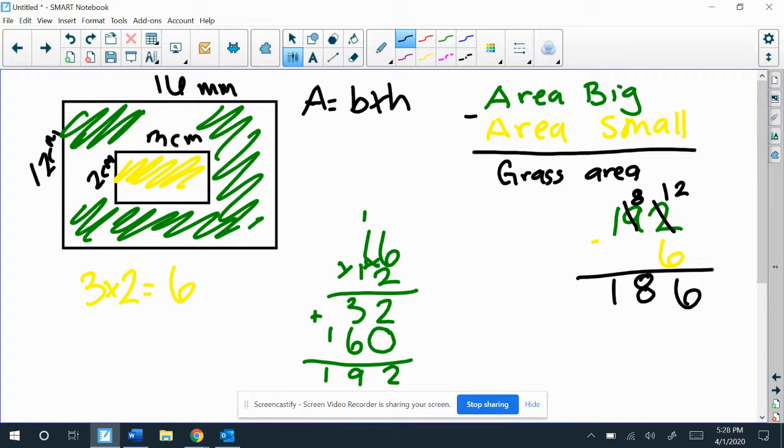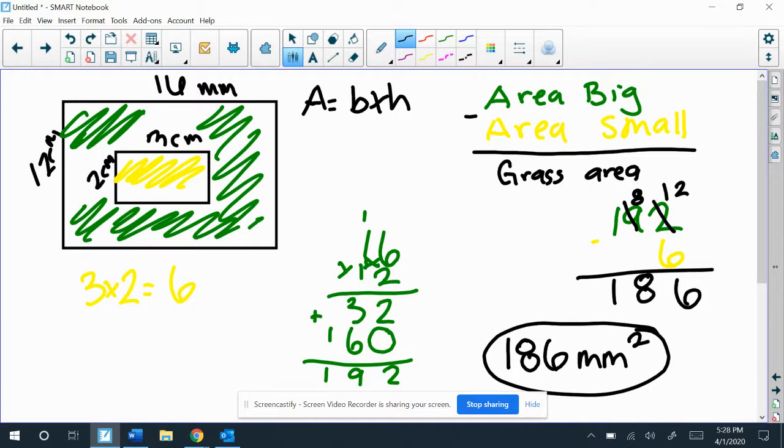My area for just the grass, not the whole thing, just the grass, is 186 squared. Now, if I had not subtracted out this small area, this is kind of what would have happened: I had found all of it, then I found this. So I'm actually doubling how much it is, which means I'm putting area that doesn't really belong there.